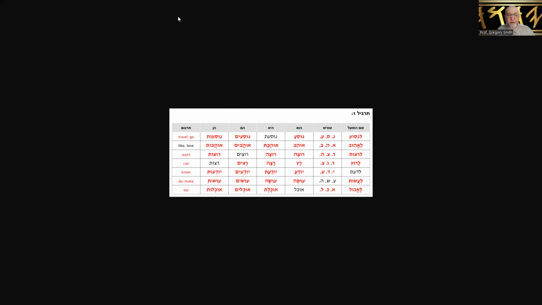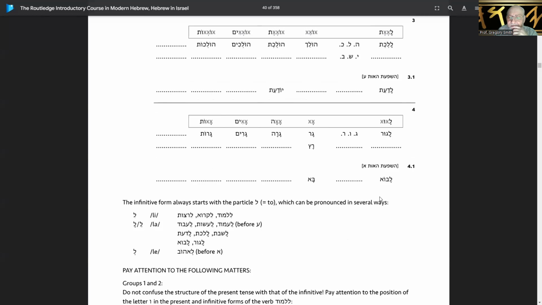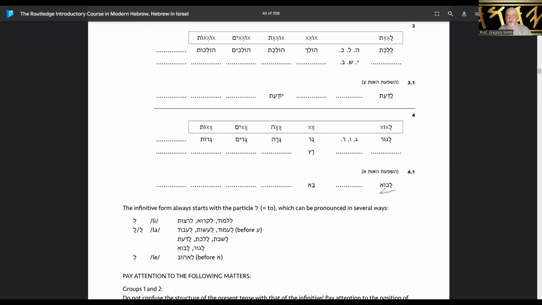Let's do that last one. So this is hashofa'at ha'ot aleph, which is a signal letter aleph. So lavo. Okay, I think that one means to come. I'm almost certain, but I'm not 100%, but let's check it out. Yes, I was right. Lavo means to come.